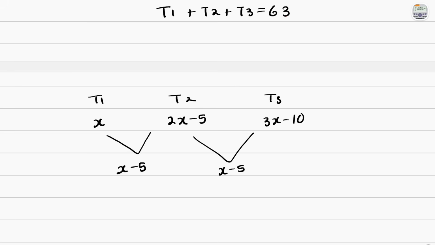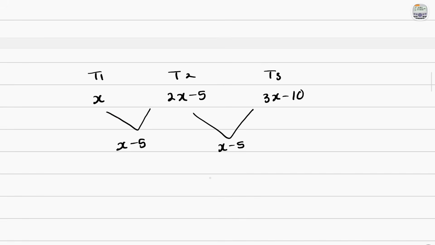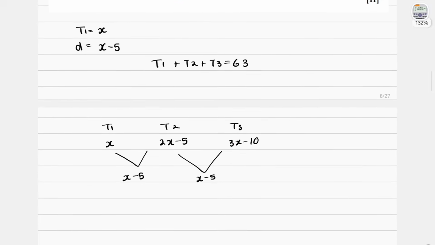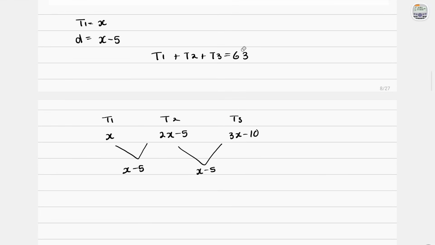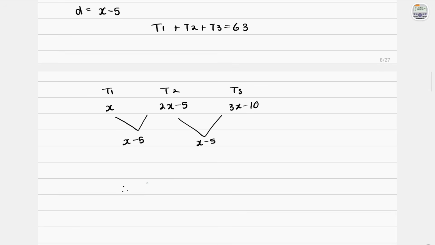Because negative 5 minus 5, we're just adding. So in term 3, we're saying 2x minus 5 plus x minus 5. You see how that gives us that. So we know the first three terms, and we just need to add them up, and they give us 63. Term 1 is x, plus term 2 is 2x minus 5, plus term 3, which is 3x minus 10, and that gives us 63.